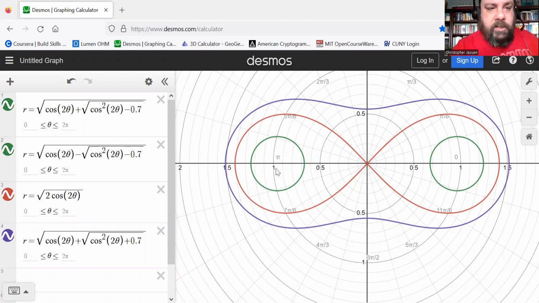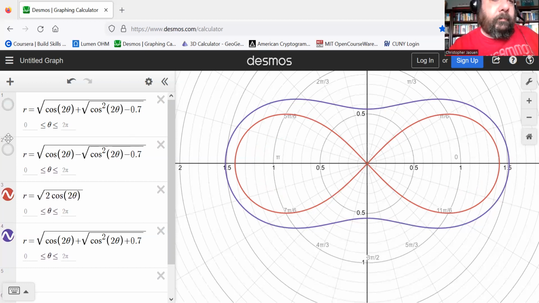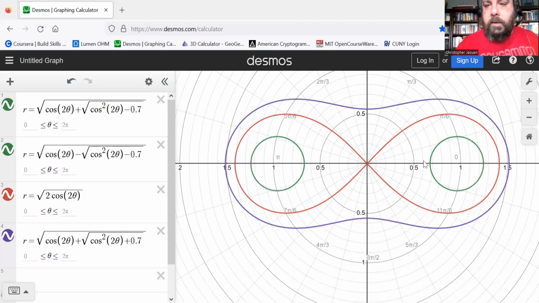Notice you get two branches. Actually, let me just show you. They come in pieces. For the positive version, when you have plus the square root of cosine squared 2 theta minus 0.7, you get these outer parts of the two branches. And for the negative part, you get the inner part of the two branches, and taken together, you get the two branches of the green curve here.